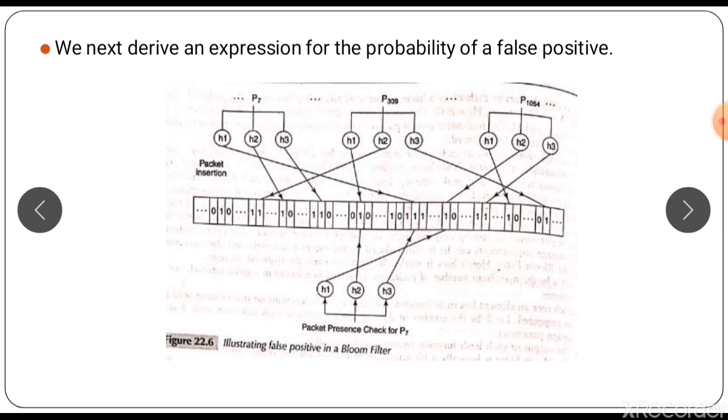You have to see what values there are with respect to this point. This is set by H2 on P105, and the next one, this value, is set by H1 on P7.